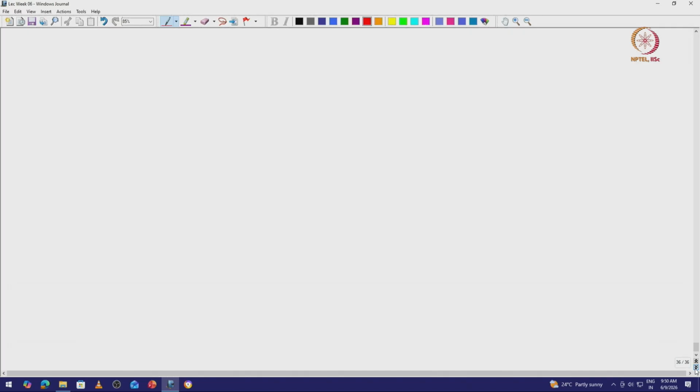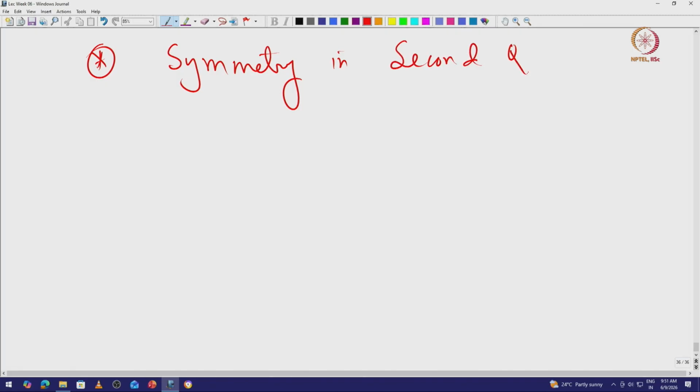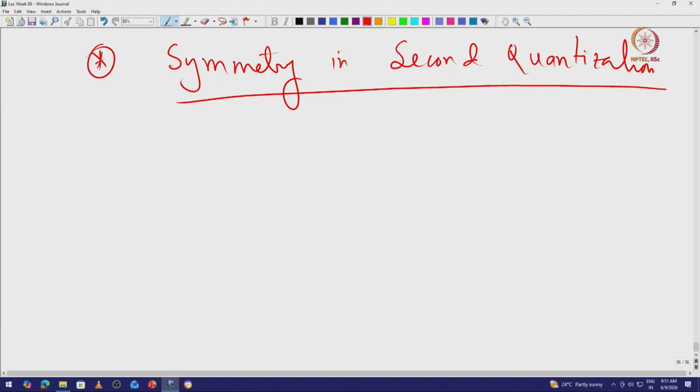Now we will go to second quantization, because all our Hamiltonians are in second quantization, so we will take examples once we complete the second quantization part.